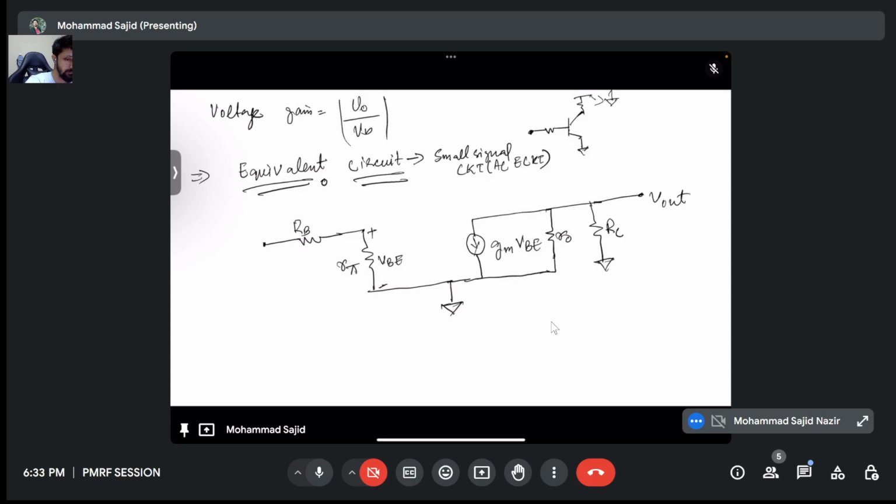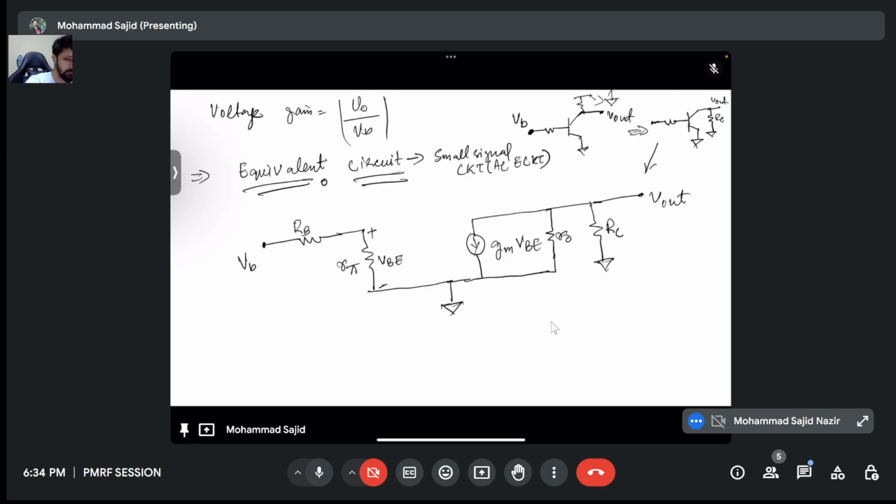Like here, we have VB, that is AC input. We need to use that, and DC is shorted. And at output, we have V output here. Now, when this DC bias is grounded, what are we left with? Emitter ground, a resistor RC here with V out. That's what we have drawn here.